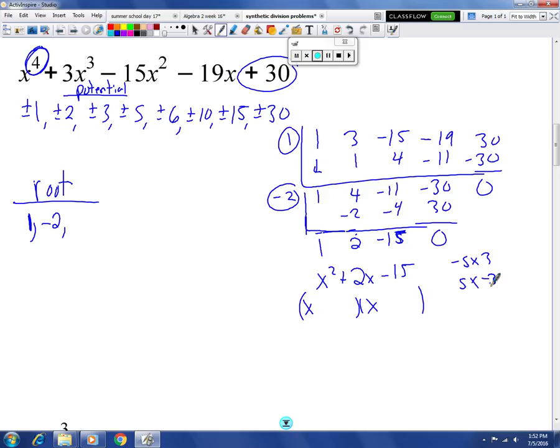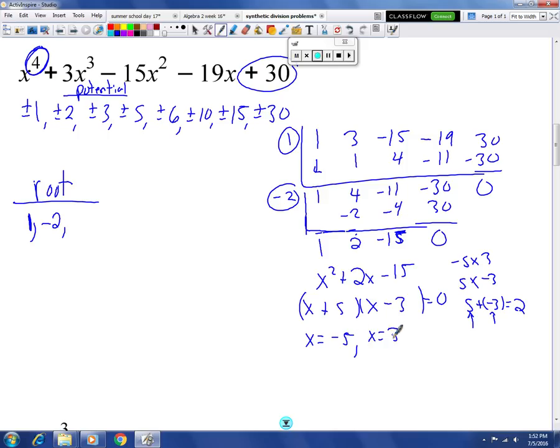Either of those multiply to make a negative 15, but these two, the positive 5 and the negative 3, that adds up to our middle term 2. So we're going to have an x plus a 5, just match that. That's a positive 5, that's a negative 3. Okay, there's our two factors. We can say our roots are negative 5 and positive 3.